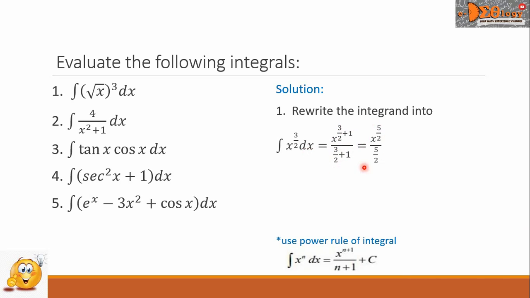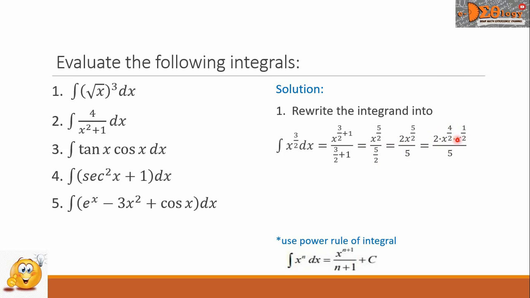Simplifying this complex fraction, we can flip our denominator fraction into 2 over 5. So the 2 becomes the coefficient of the numerator. So we have 2x raised to 5 over 2 all over 5. Let us show now that this x raised to 5 over 2 is equal to x raised to 4 over 2 times x raised to 1/2.